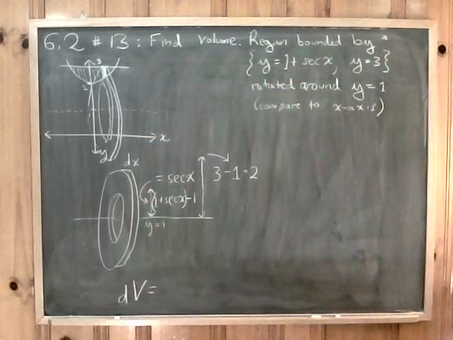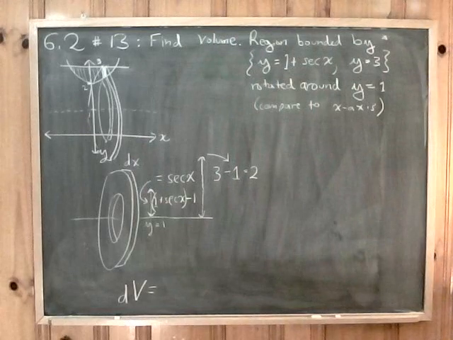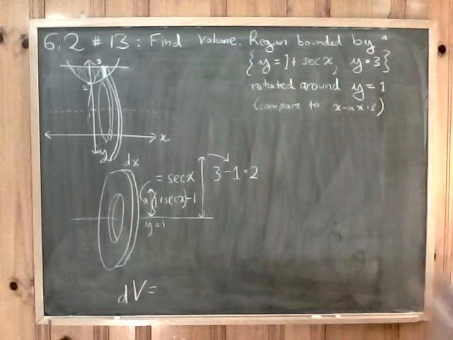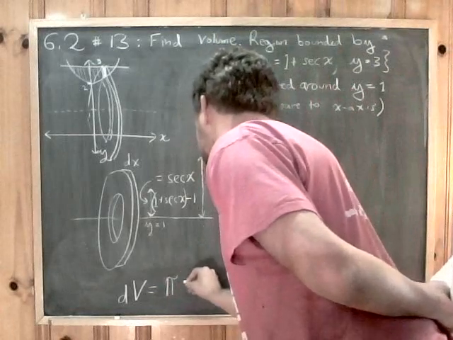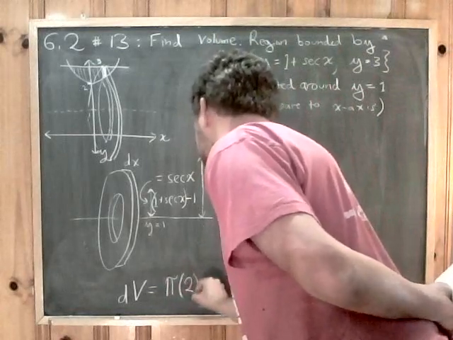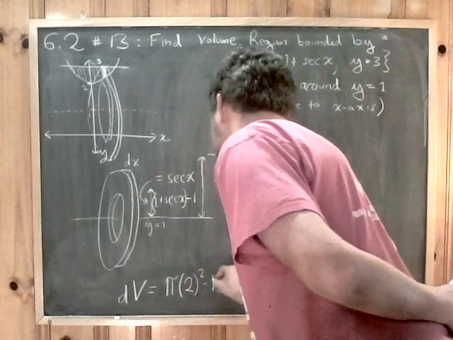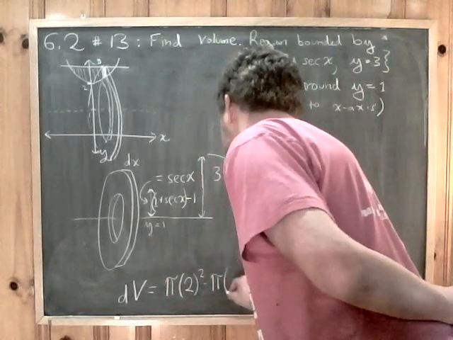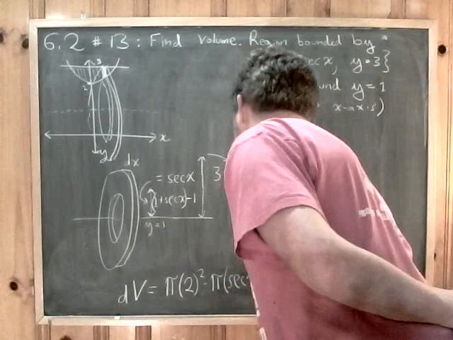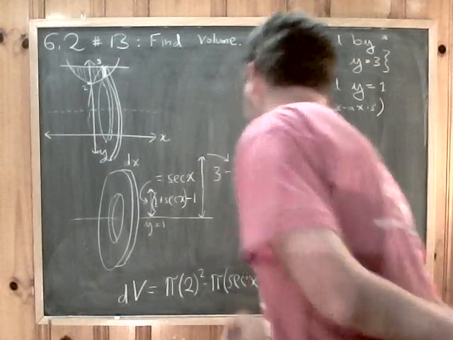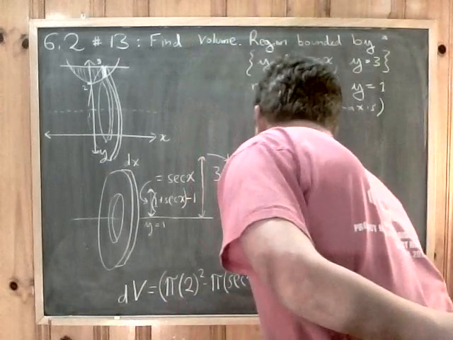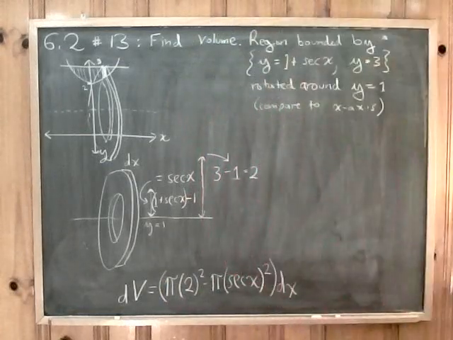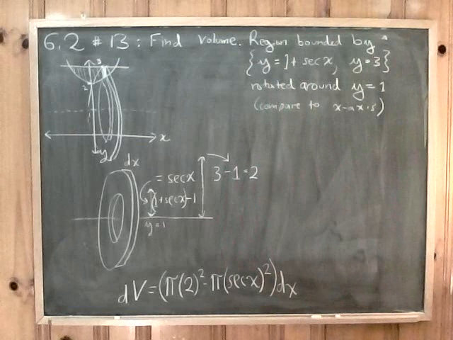So I'll have pi r, the big radius, squared, minus pi r, the little radius, squared, times dx. And so that's my dV. And so then here's the setup of the integral.